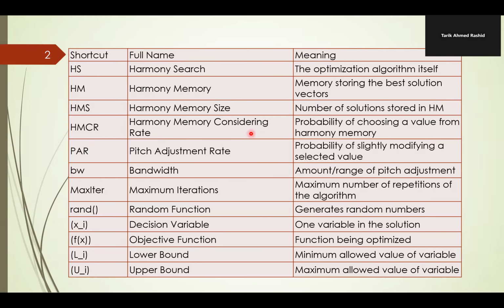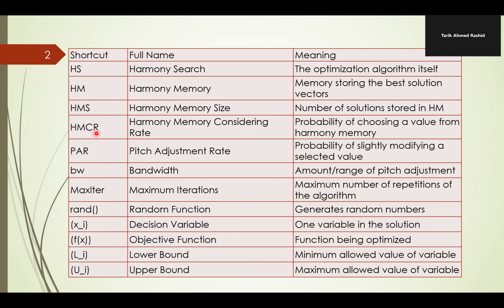Now, these are the shortcuts of some variables or parameters of harmony search. HS is harmony search. HM is harmony memory, which stores the best solution vectors. HMS is the harmony memory size, the number of solutions stored in the population of harmony search.